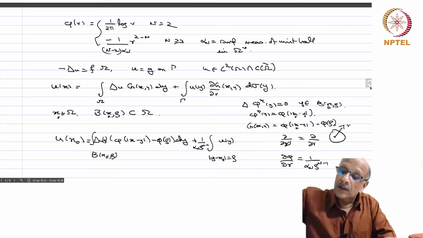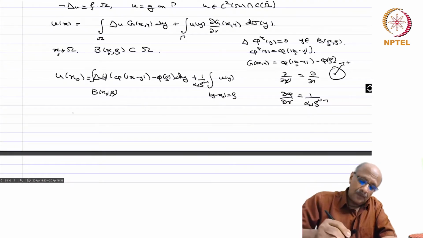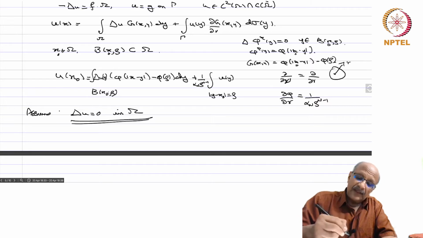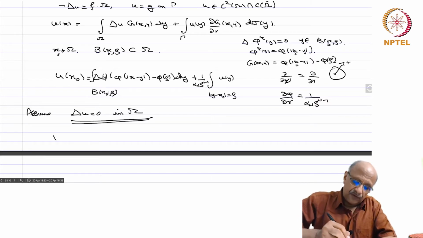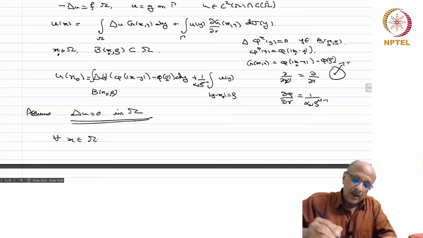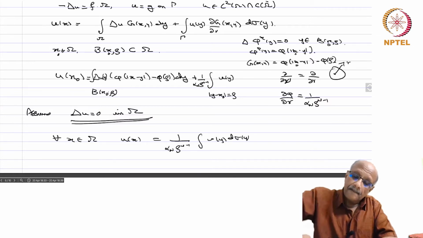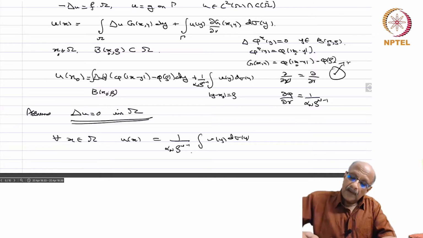Now assume that delta u equals 0 in omega. Then the first term will disappear, and therefore for every x in omega we have u of x equal to 1 by alpha n rho to the n minus 1 times the integral of u of y d sigma y over mod y minus x equal to rho.